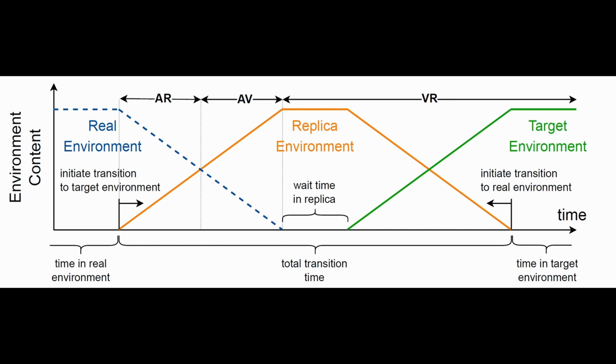When this happens from the real environment to the replica environment, the user transitions through AR, where most content is still real, over AV, where most content is digital, to the completely digital replica environment. Then this process repeats to reach the target environment. However, this time all content is already digital and therefore all happens in VR.